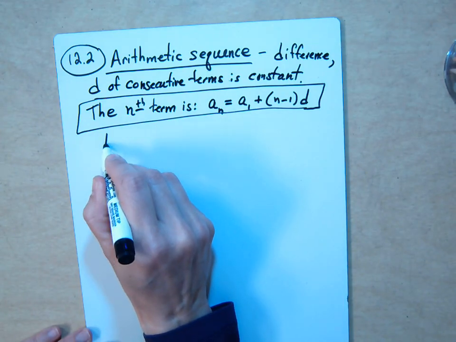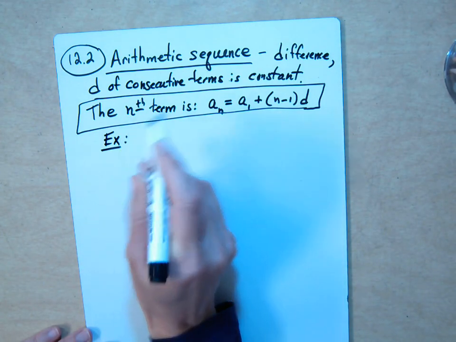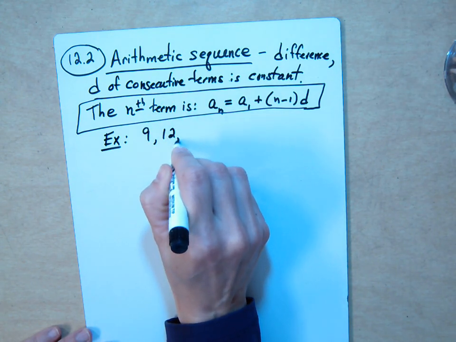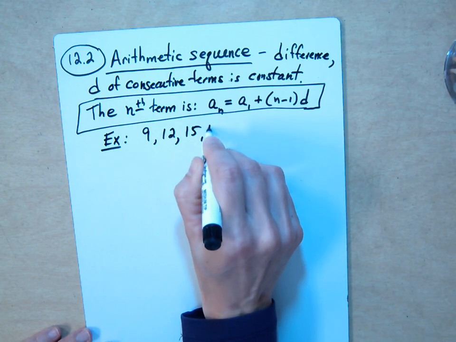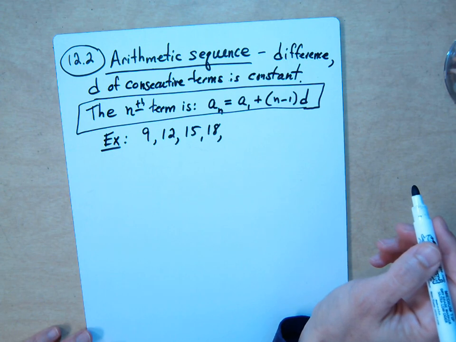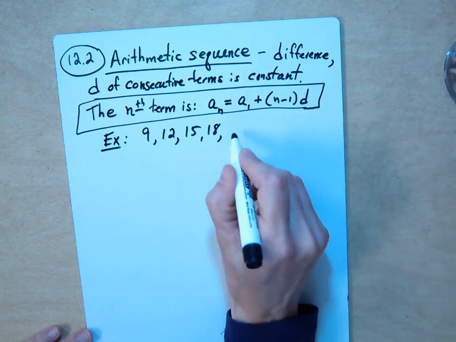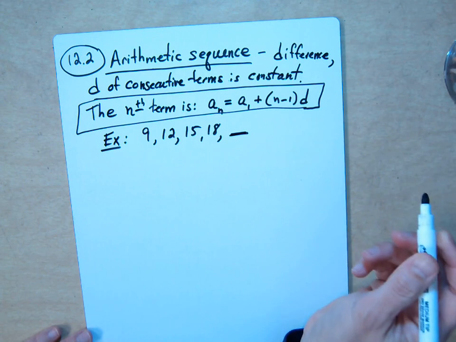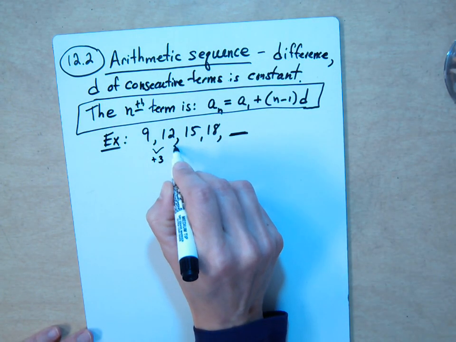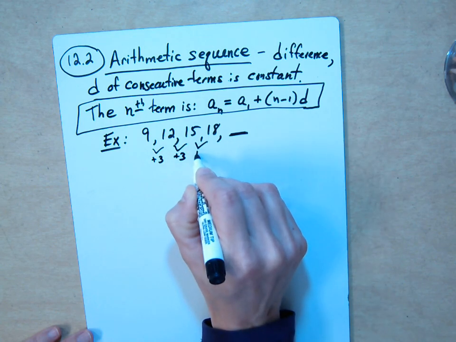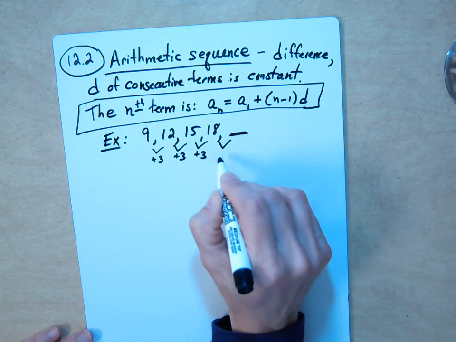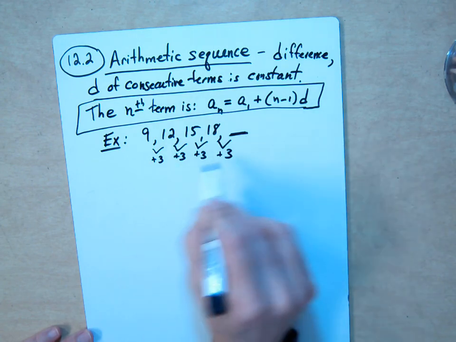For example, in the warm-up today, you were looking at this sequence, 9, 12, 15, 18, etc. If you want to find the fifth term, you would add 3 every time. If I want the next term, or the nth term, I would add 3 4 times.